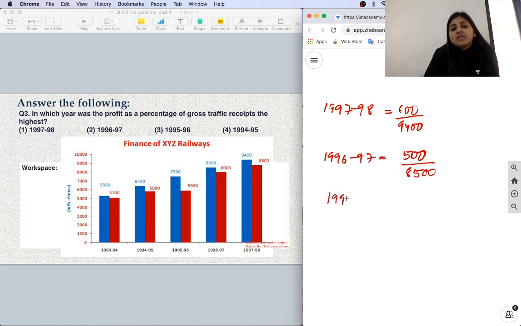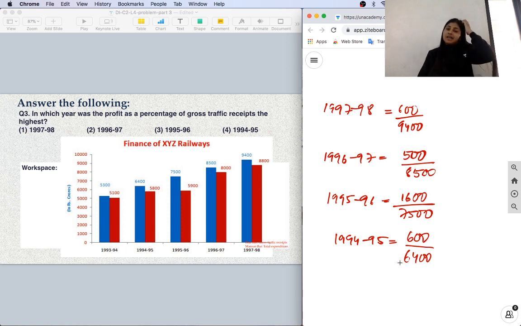In 1995-96, profit will be 1600 divided by 7500. And in 1994-95, the profit will be 600 by 6400.